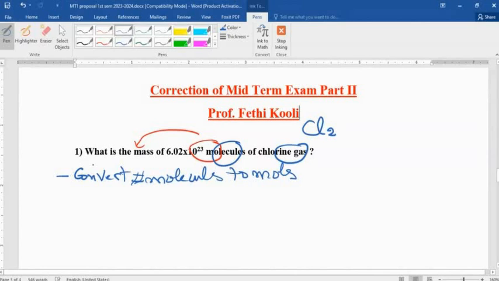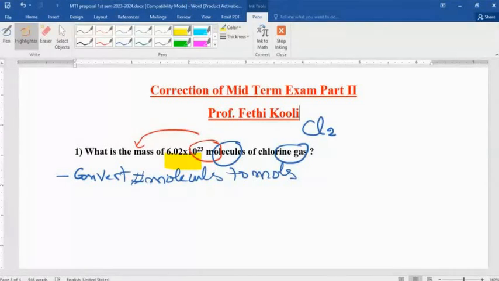First, I need to convert the number of molecules to moles. If we pay a few seconds of attention, this number he gave me is the Avogadro number, 6.02 × 10^23. So 6.02 × 10^23 molecules make 1 mole of chlorine gas, because it is the Avogadro number.